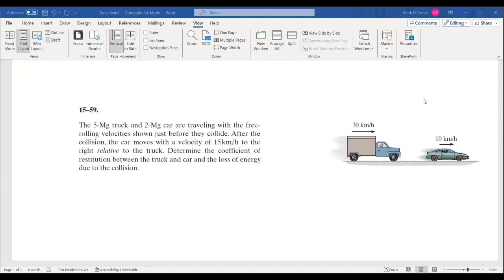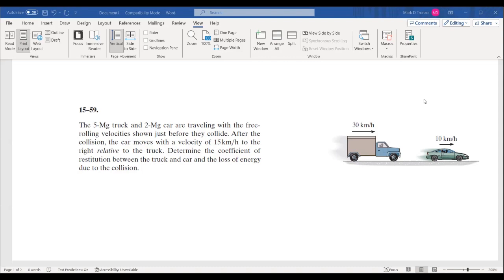It says the 5 megagram truck and the 2 megagram car are traveling with free rolling velocities shown just before they collide. You can see one's 30 kilometers per hour, the other one's 10 kilometers per hour. After the collision, the car moves with a velocity of 15 kilometers per hour to the right relative to the truck.